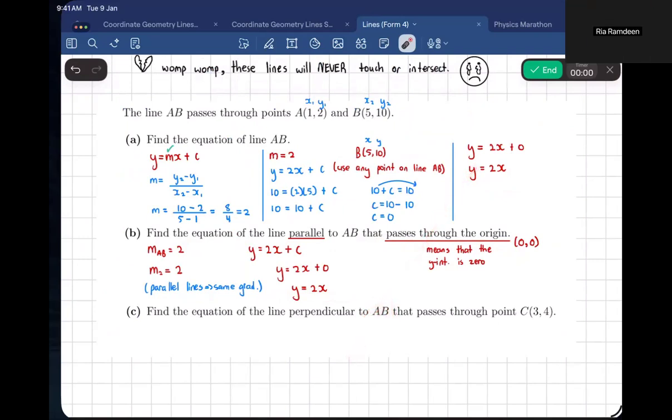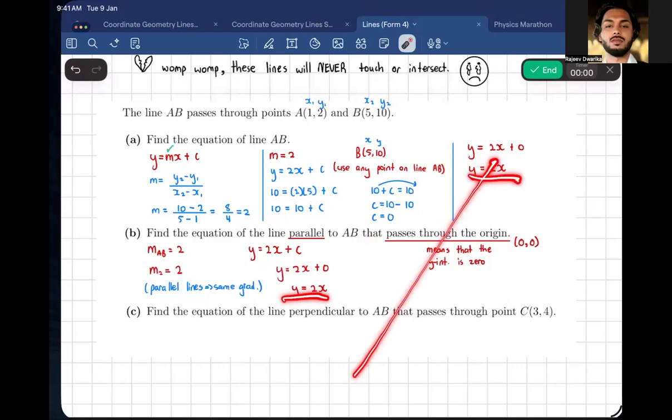A question, right? y is equal to 2x and y is equal to 2x. Wouldn't that mean that these two lines are on top of each other? So wouldn't that mean that those two lines are collinear because they're on top of each other and they have the same gradient?